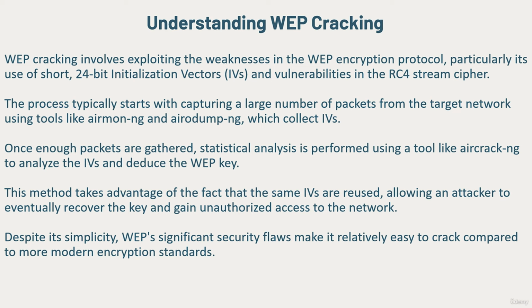And the CRC32 weaknesses: CRC32, which is used by WEP for data integrity, is not cryptographically secure and can be manipulated by attackers to alter the data without any detection. So, in summary, while WEP was a step towards securing wireless networks, its encryption, methodology, and key management were flawed, leading to its eventual replacement by more secure protocols.